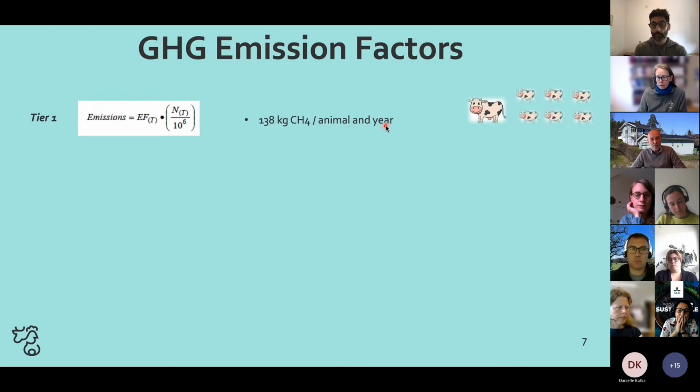So it's very simple. If you know the number of animals in the farm or in the region, then you can easily calculate how much methane is produced. It's very simple, but it's not very accurate because it doesn't consider many specificities of the farm system.